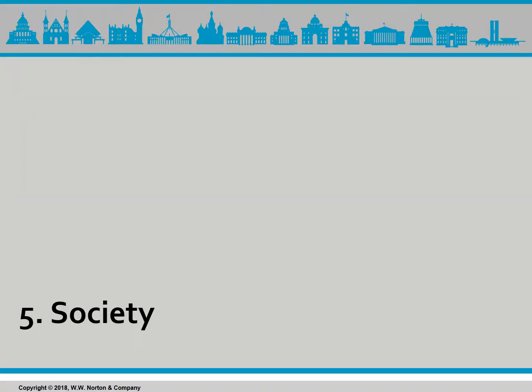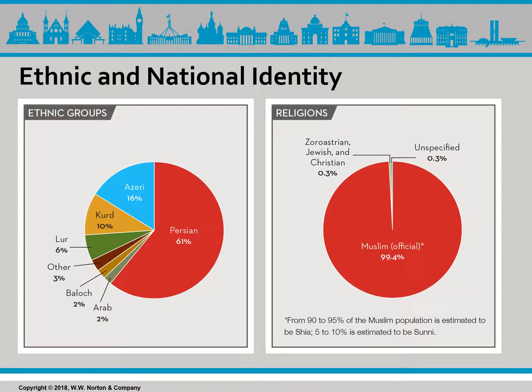Now, Iranian society itself, looking at ethnic and national identity. So we're looking at the Persian, 61%.